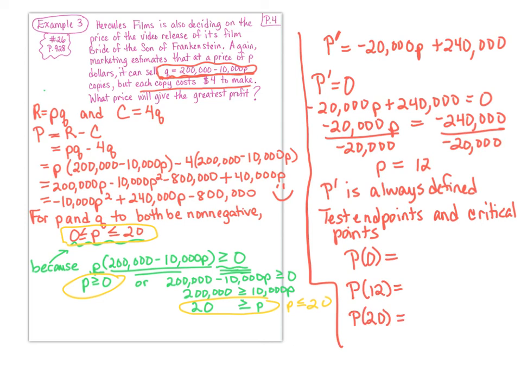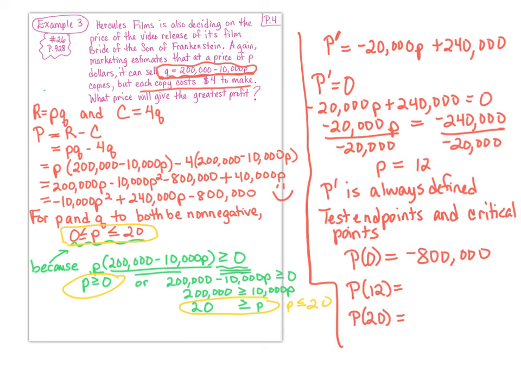Well, we're plugging that into our profit equation, so we're plugging that into smiley face over here. If you plug in 0, then you have 0 here, 0 here, you get negative 800,000. Plug in 12 here.